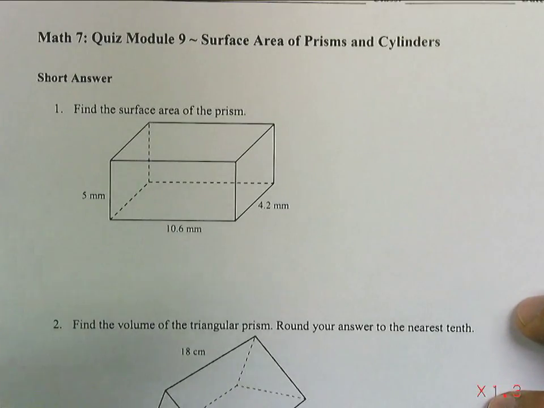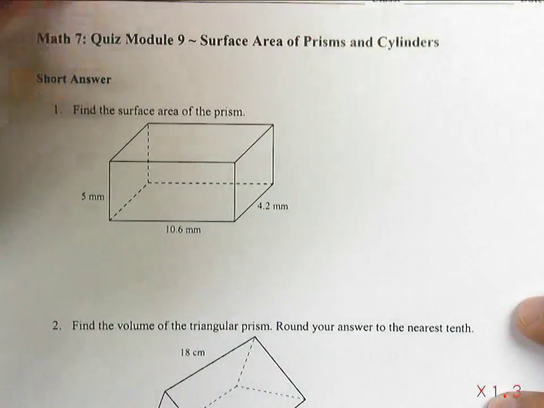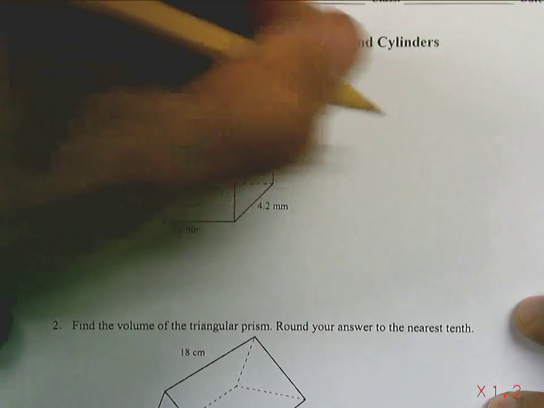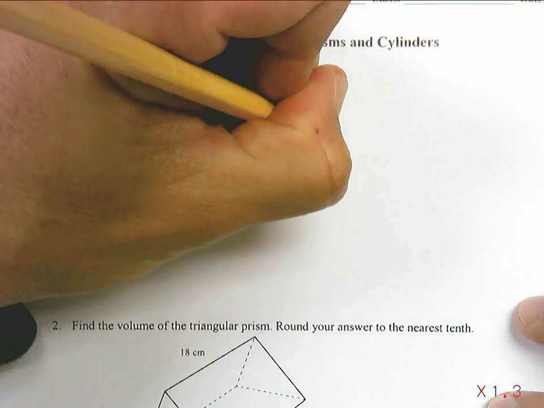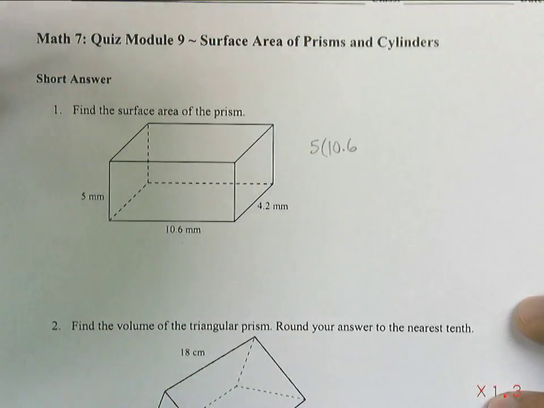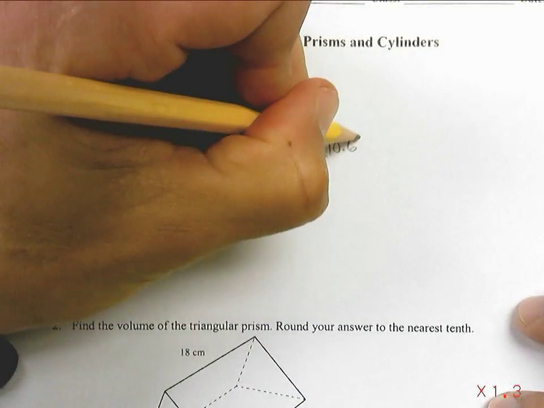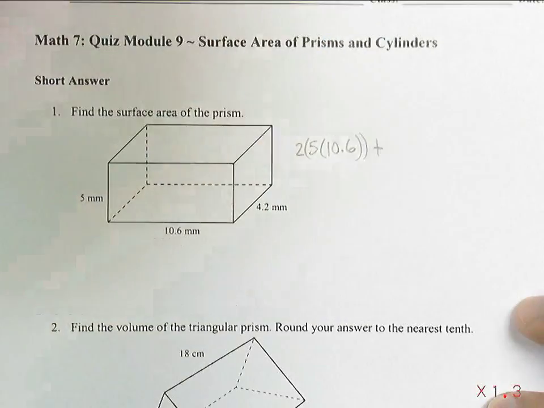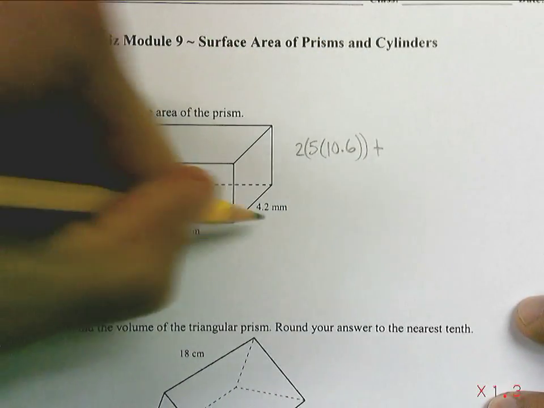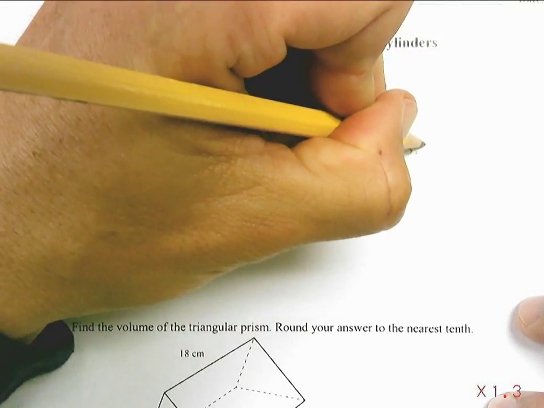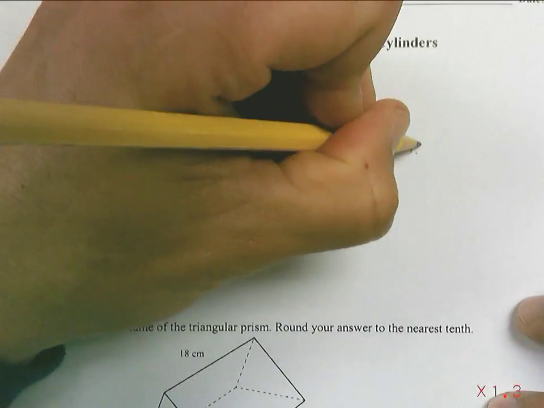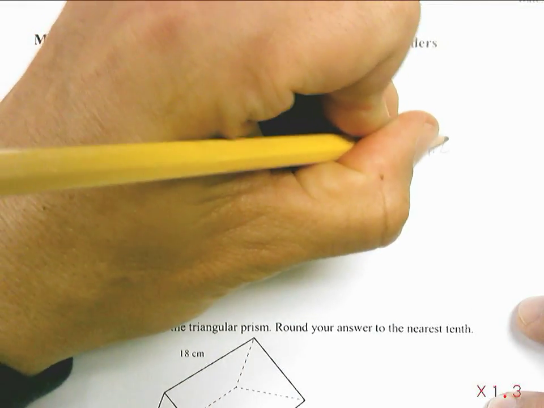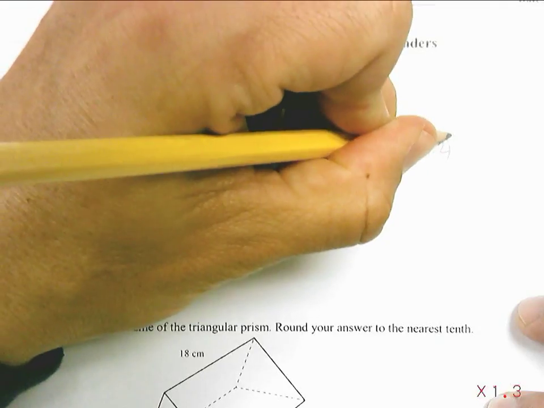All right, try number 1. Find the surface area. I got to take 5 times 10.6 and then double this, plus 5 times 4.2, and double that.